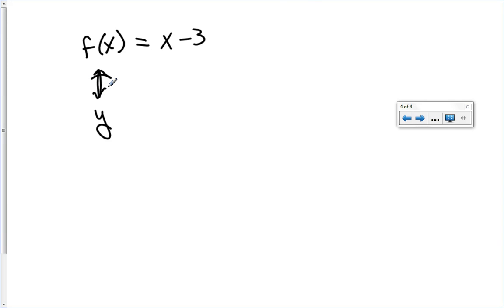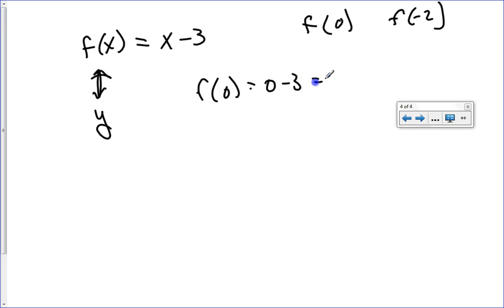But if in the book it says find f of 0 and then f of negative 2, what do you do with those values? You just plug it in. So f of 0 would be 0 minus 3 or negative 3. F of negative 2 would be negative 2 minus 3 or negative 5. And so on. So you would just plug in the value into the x value. Okay? So that is it for the first part of section 7-1.